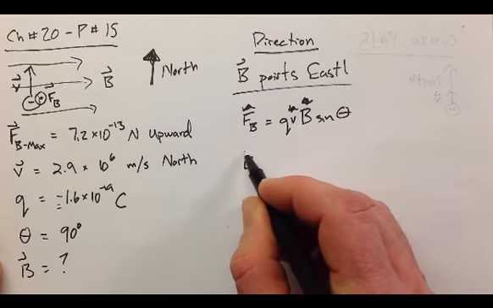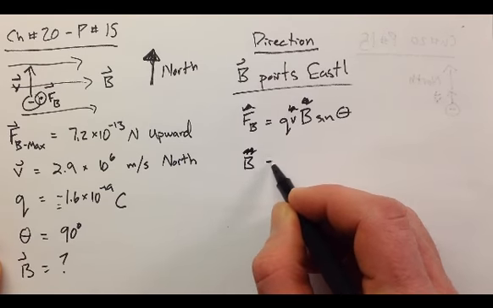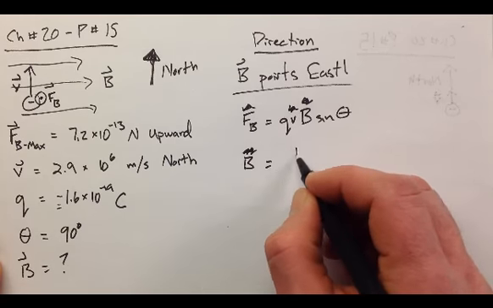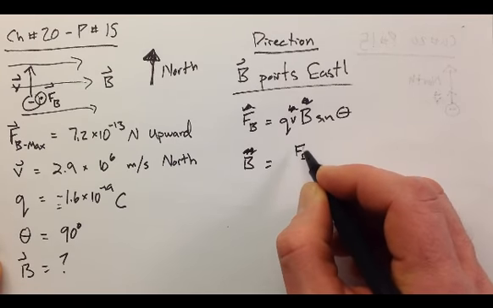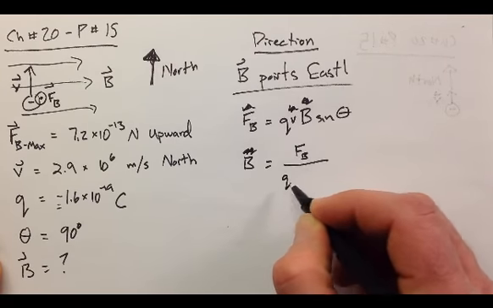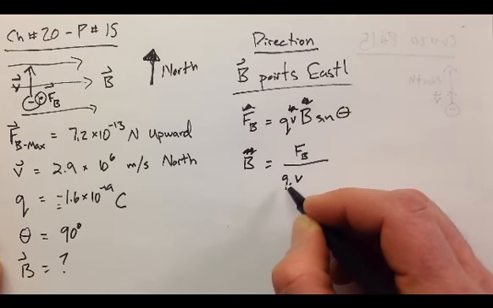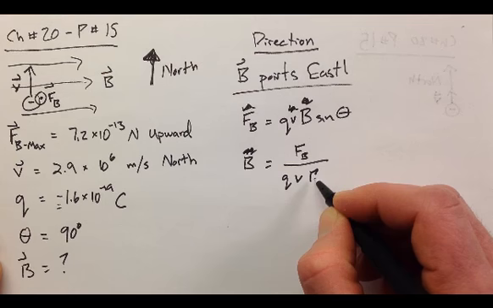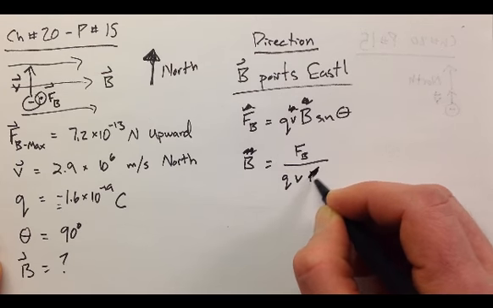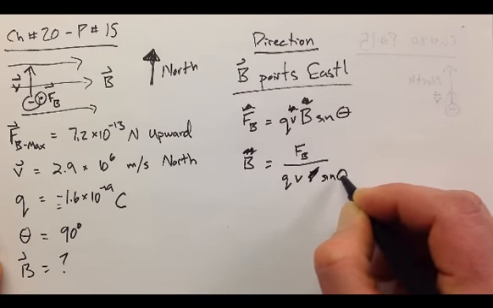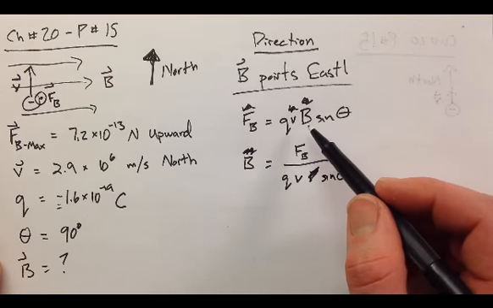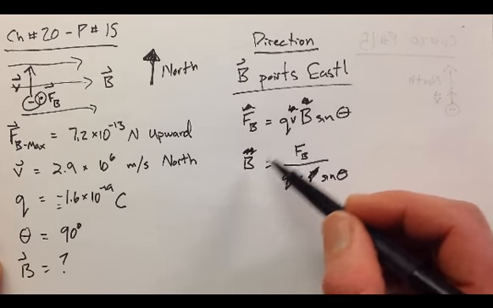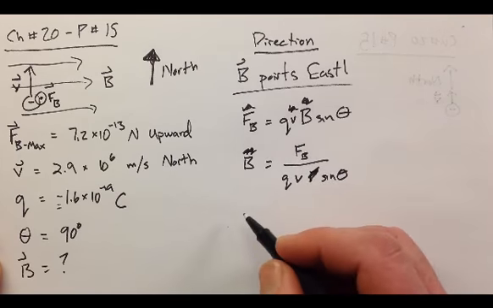If we rearrange, the magnitude of the magnetic field equals the force divided by the charge times the speed times sine theta. A little algebra, just moving B over here and dividing.